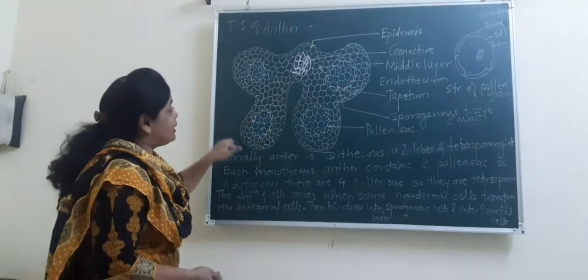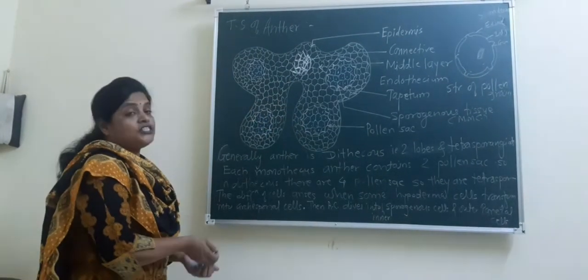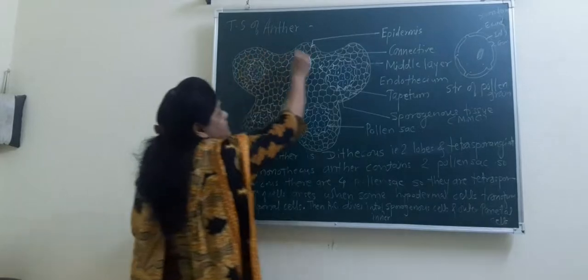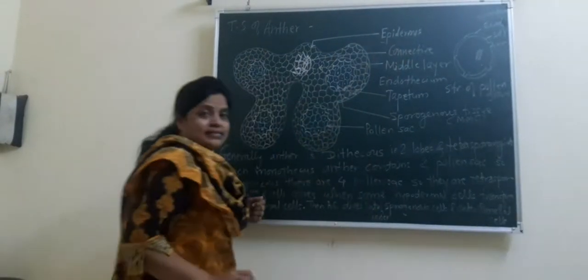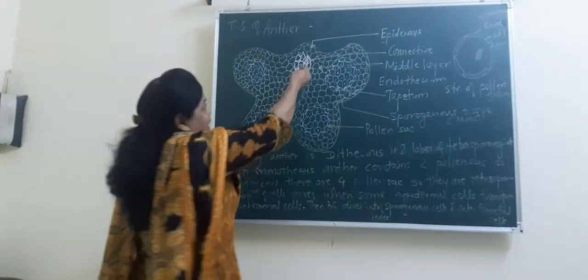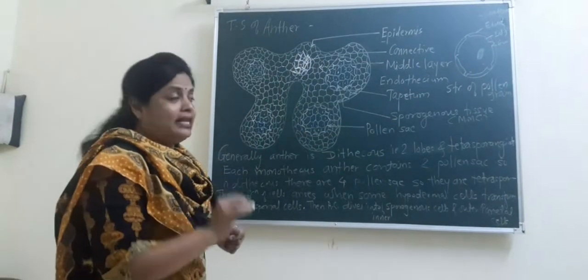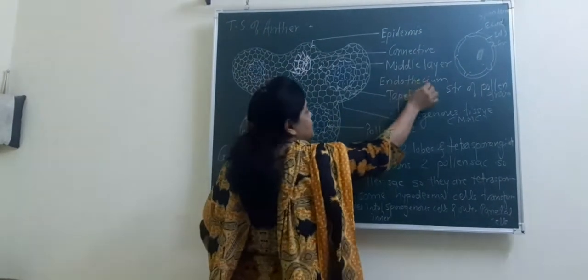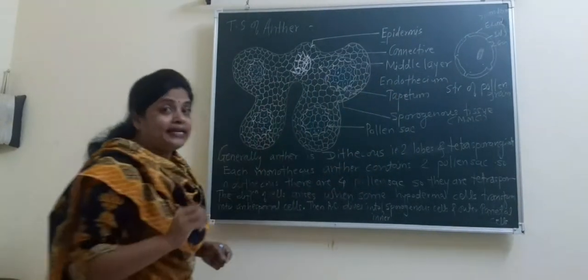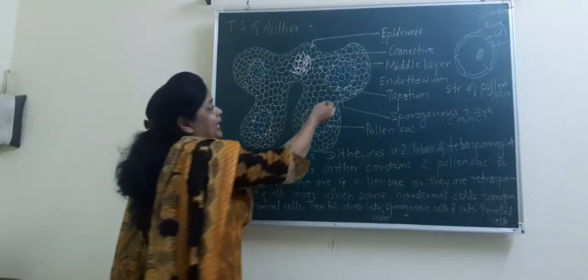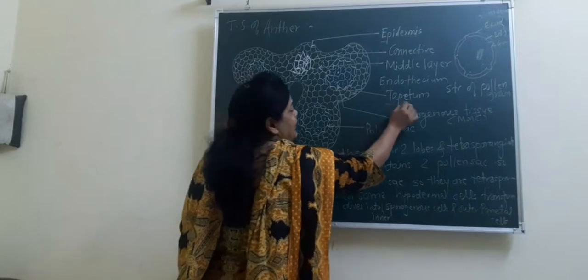The outer parietal cells consist of the outermost layer, the epidermis. Then the middle layer, also known as the endothecium, shows flattened cells. In the innermost layer is the tapetum.